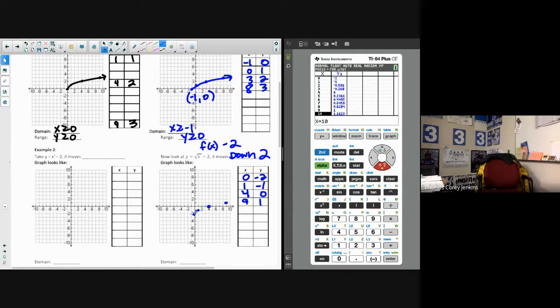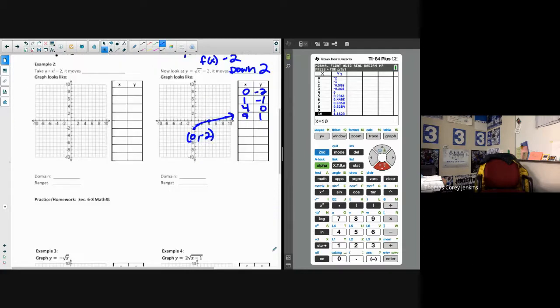So again, just our parent function shifted down 2 units. So the point that we care about to come up with our domain and range is here, (0, -2). So my domain would be x's never go to the left of 0, so x greater than or equal to 0. Y values never go below -2, so y greater than or equal to -2.